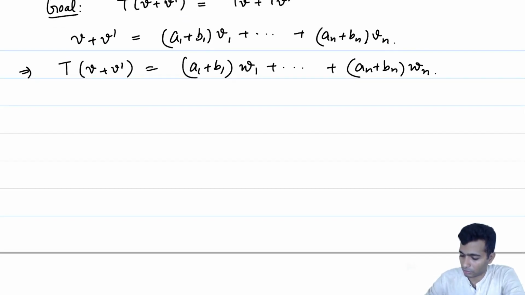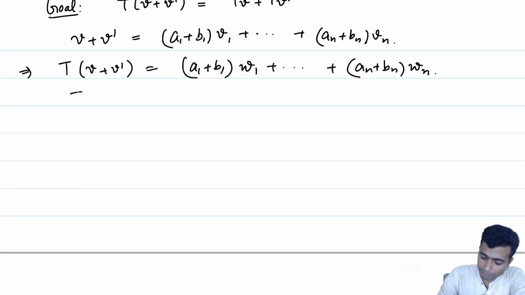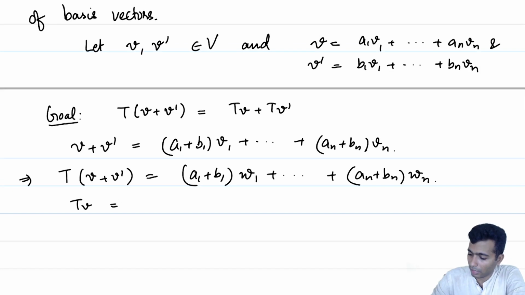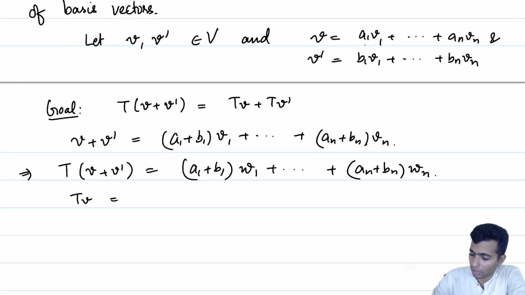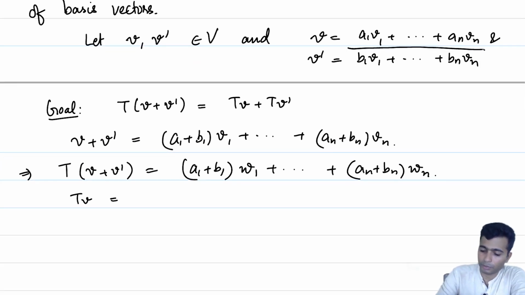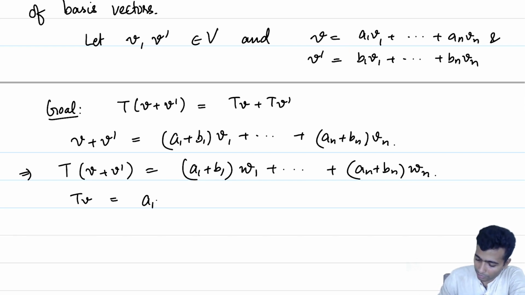Now let's look at what TV plus TV prime is. Just to see what TV looks like, this is T of A1 V1 plus A2 V2 plus up to An Vn. Let me quickly write it down. This is just A1 W1 plus up to An Wn.